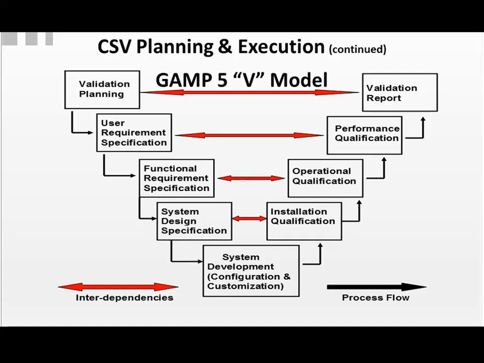You develop, customize, configure, or implement your system. You install it and qualify the installation. You do an operational qualification to show it's functioning properly. And then a performance qualification done by your subject matter experts and done in a way that shows it's usable in their environment in the way that they are going to do their work.